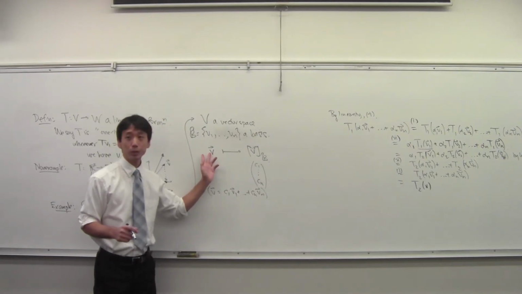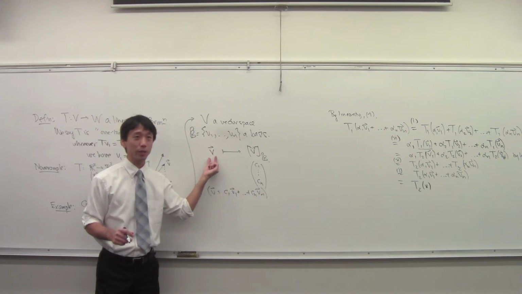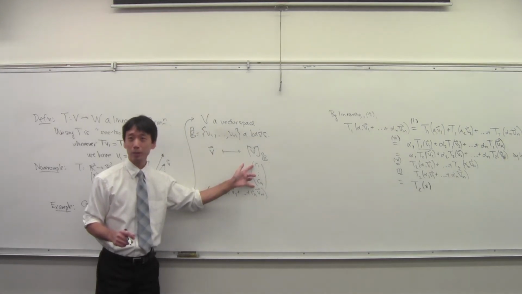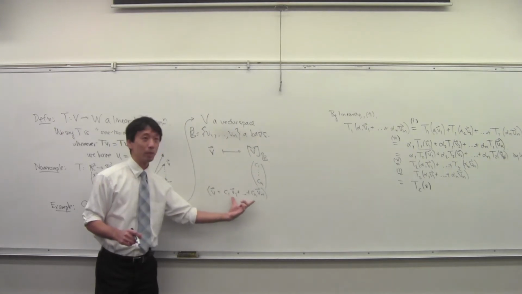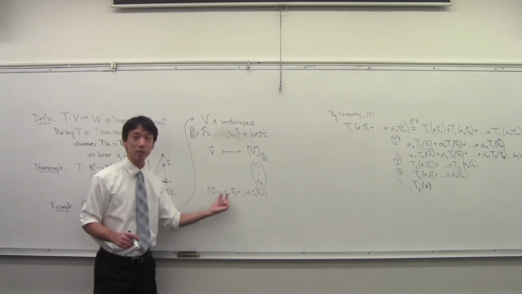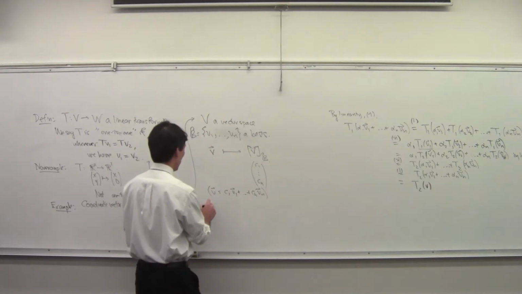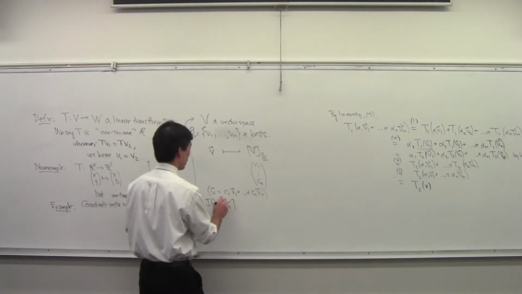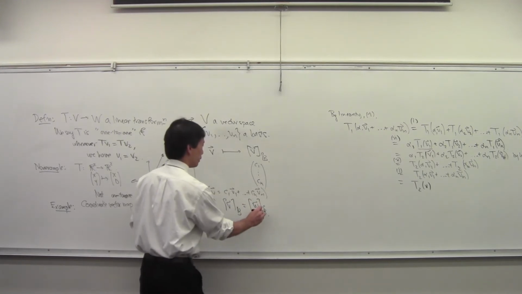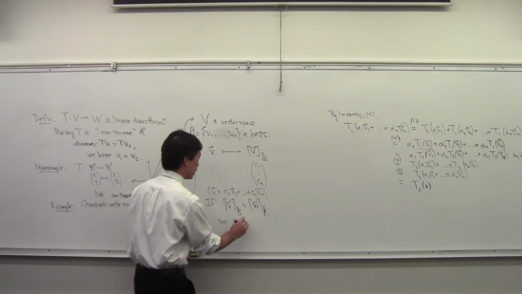Okay. Well, if two guys had the same coordinate vector, what does that tell you about the original vector? Then they both have the same linear combination, so they must be the same vector. So if V with respect to B and W with respect to B have the same coordinate vector, that means that V and W must be the same.